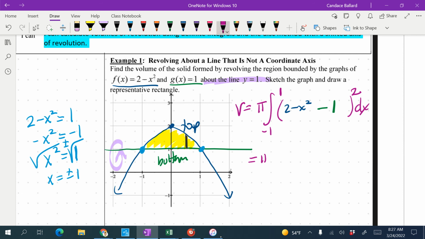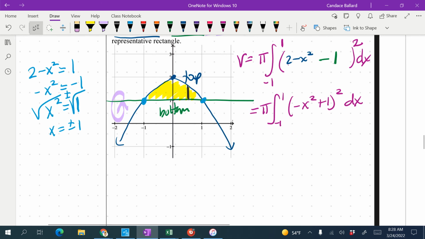So I'm going to simplify a little bit before I actually integrate. 2 minus 1 would be positive 1. We're going to square that, dx. Since I don't have anything extra, I don't want to have to deal with u substitution, so I am going to choose to FOIL this out first. It's just going to be easier.